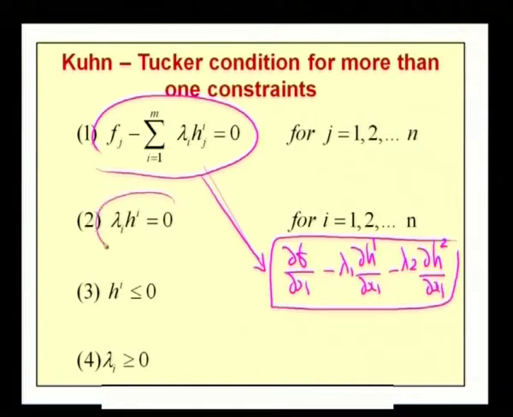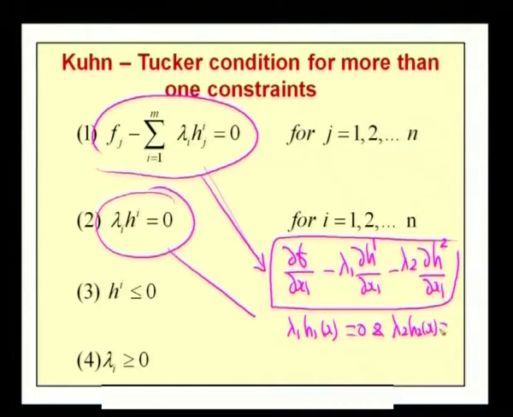The second condition is lambda_i into h^i equal to 0. For an NLPP involving 2 variables and 2 constraints, this becomes lambda1 into h1 of x equal to 0 and lambda2 into h2 of x equal to 0.